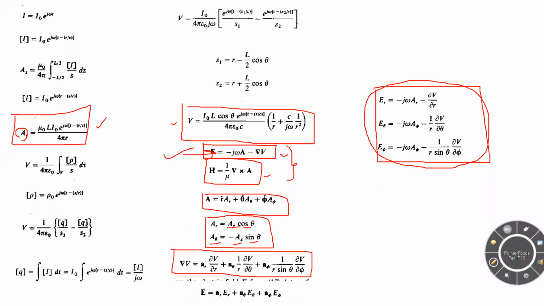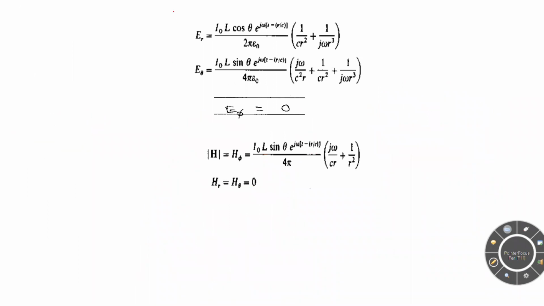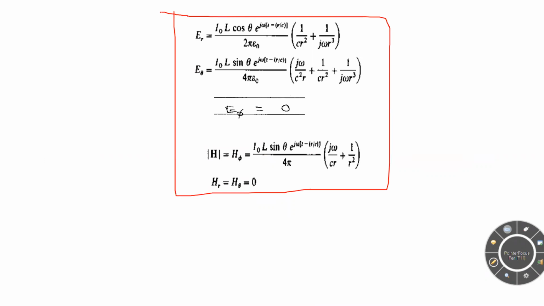When we substitute this here and these two here, we equate the right hand side and left hand side for r, theta, and phi components. We end up with these equations. Now when we substitute AR, A theta and V here, we obtain these field components.